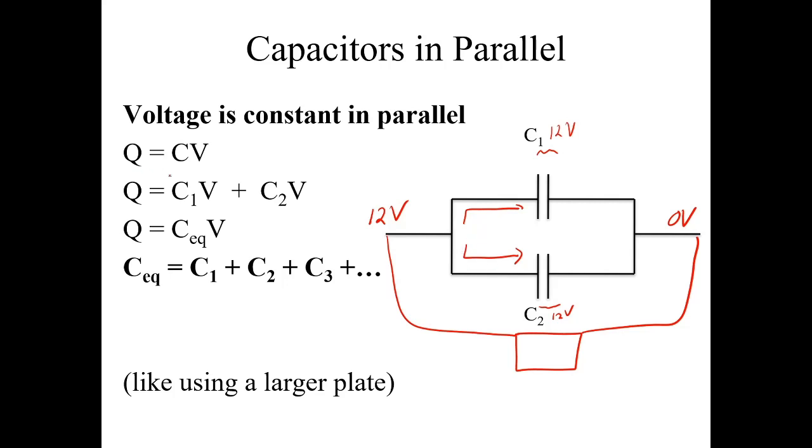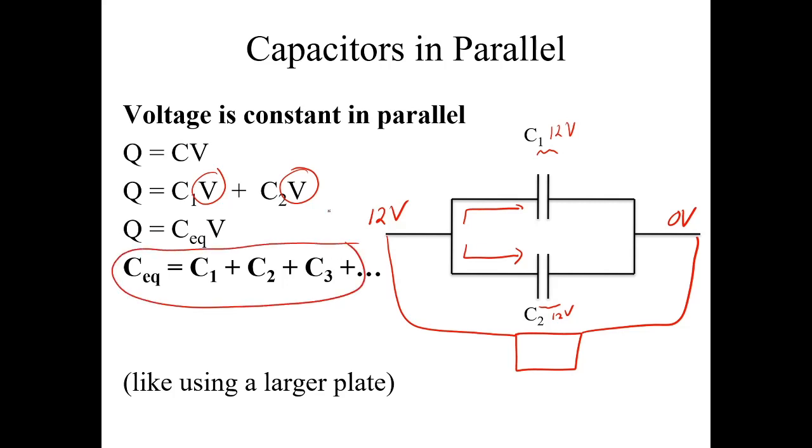So if we look at Q = CV, Q equals C times V, but the voltage drop is the same. So it's C1, capacitance 1 times the voltage, plus capacitance 2 times the voltage. So the way the math works out is we could have what's called the equivalent capacitance.